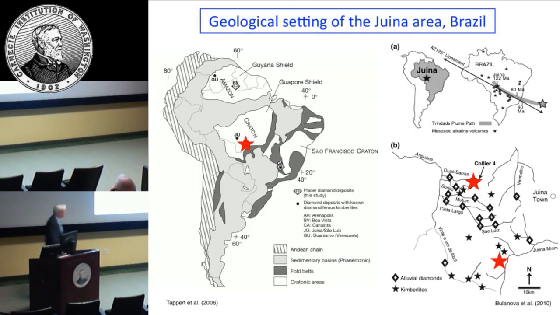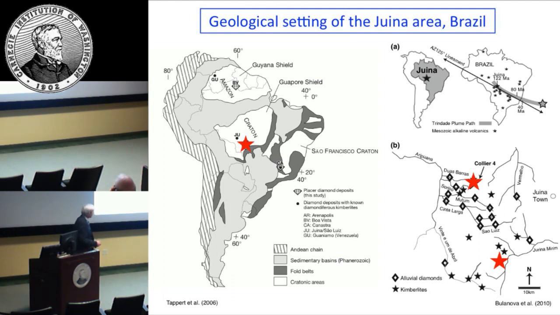So here's Juina. Here's a map of South America, and here's the Amazonian craton split into two halves by the river basin of the Amazon River, and we're going to focus on the southern part here. The Juina area is right in this region here.